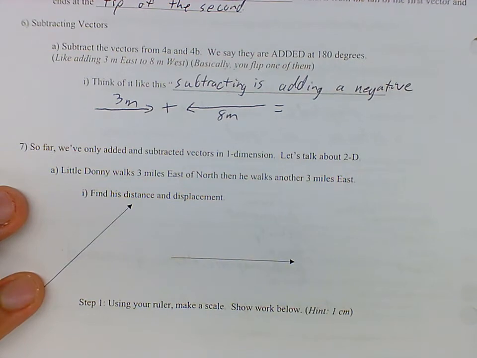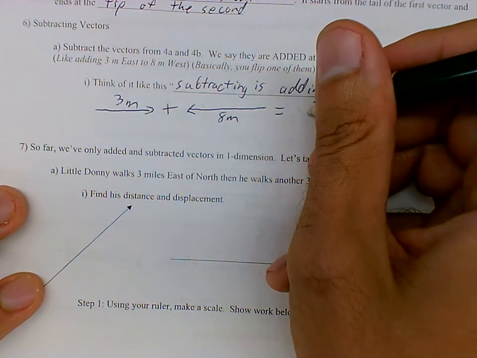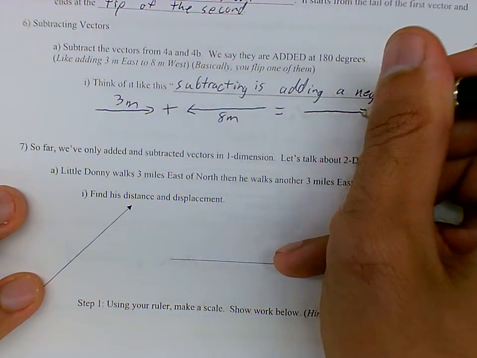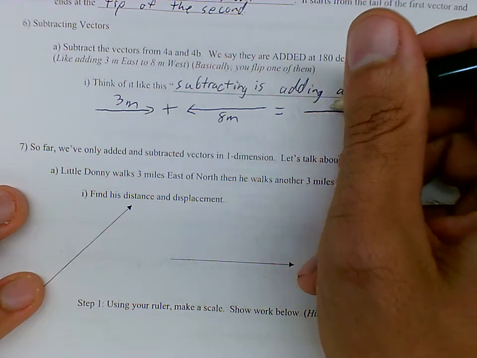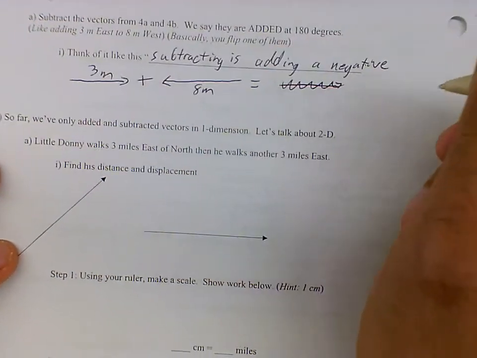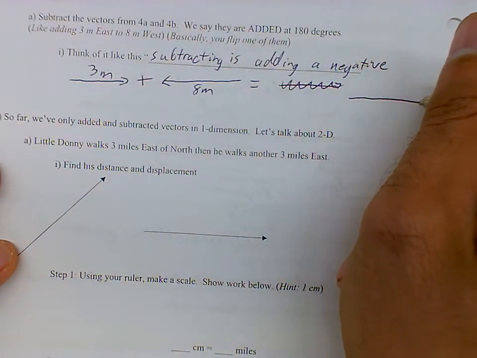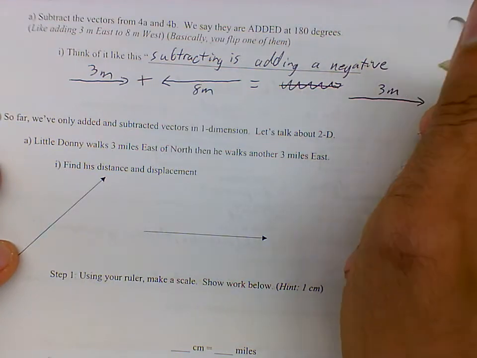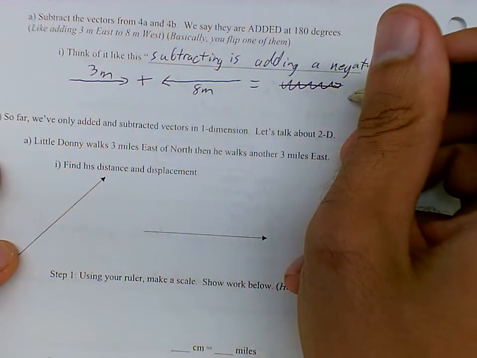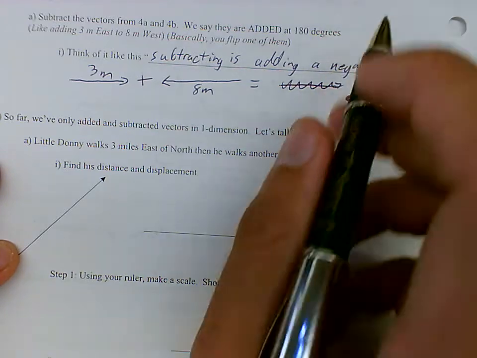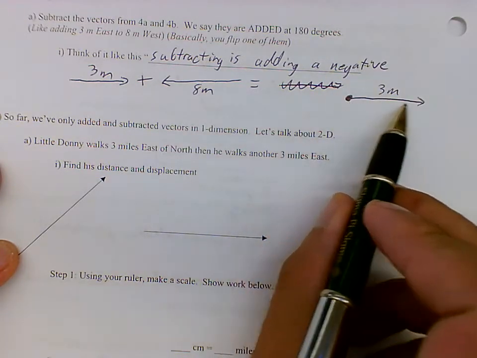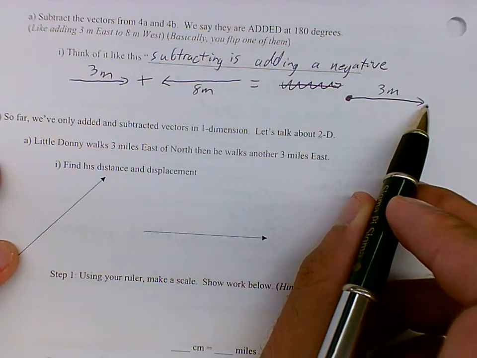So how do we add vectors? We draw the first vector, 3 meters. Actually, I'm going to do this over here a little bit more. 3 meters. So this is our starting point. Sometimes it's nice to mark the starting point. Maybe I'll get in the habit of doing that. Then we go to the tip of that vector, and that will show our 8-meter vector.